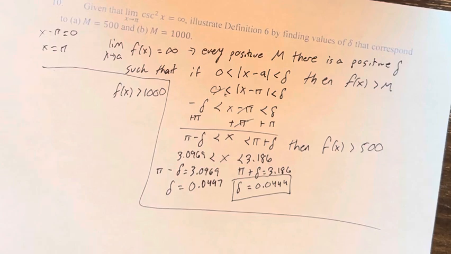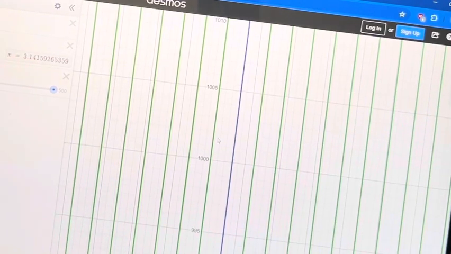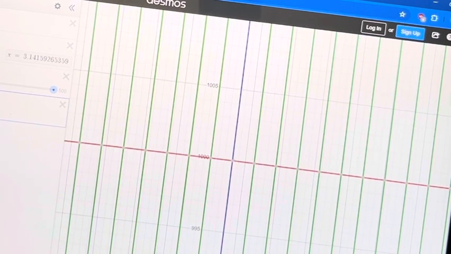It's going to take a little bit, just because this software isn't really built for this. But if we see right here, we have the function at y equals 1000. We can see this red line right here.